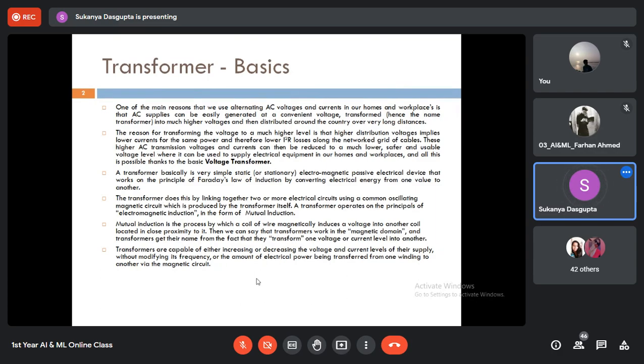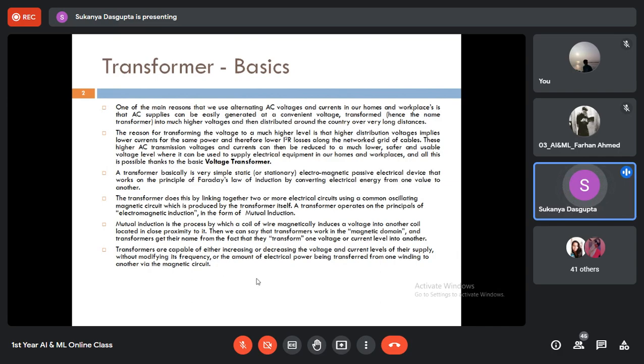Now, since the transformer is working with very high distribution voltages, as we have seen in the single line diagram, almost 400 kV, it implies that the current is very low, keeping the same power. Therefore, losses are less, because loss means mainly the copper losses, which are basically the I square R losses along the network grid of cables.